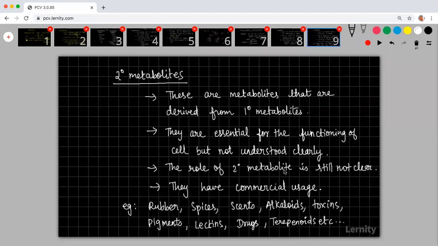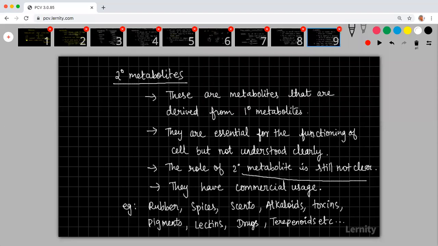The role of secondary metabolites is still not clear even for scientists. What I am trying to tell is they are present in the body of the plant or organism, and we still don't know why they are present.